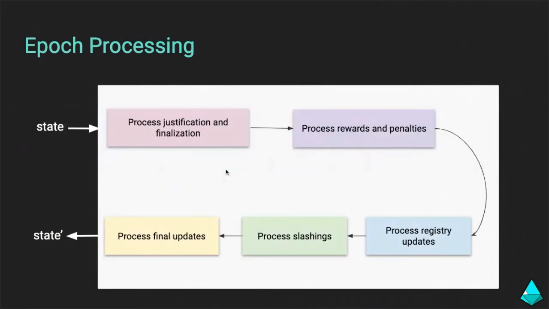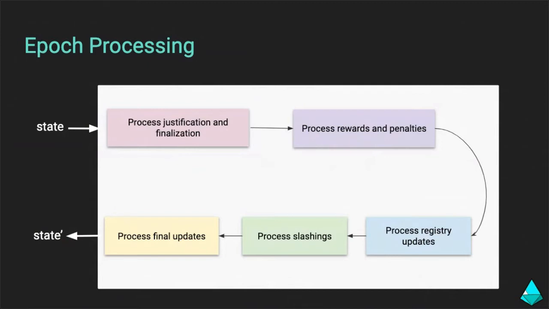And then that's how you process a beacon block, and this is how you process an epoch, right? So basically, there's 32 slots in an epoch. So after 32 slots, which is 6 minutes, you process the epoch, and then you essentially update the state by itself.